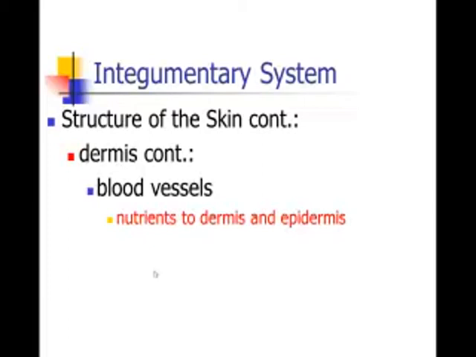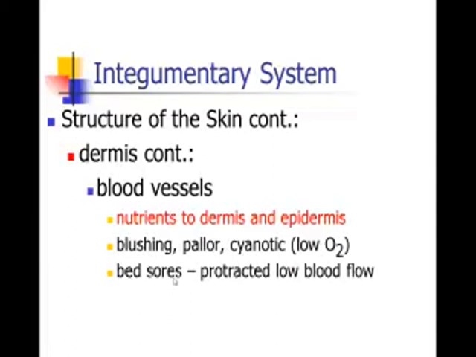They bring nutrients in that they deliver to the dermis and to the epidermal cells. If you have these blood vessels dilate, it causes a condition we refer to as blushing. If they constrict, you get a condition known as pallor. And if you get low blood oxygen levels, they become cyanotic, which is a blue color.